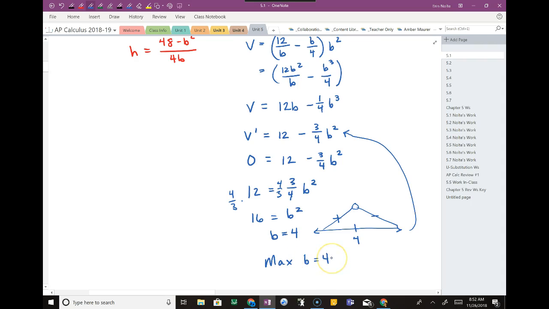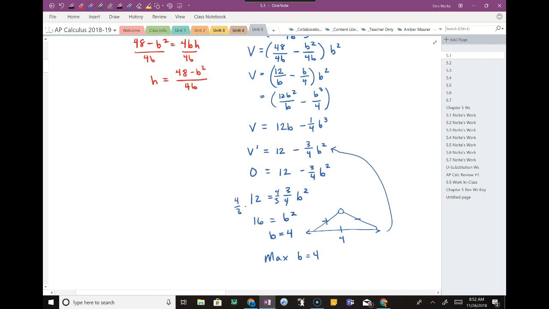So now how do I find my h value? Yeah, plug it back into that red one way up there. So my h is going to be 48 minus 4 squared over 4 times 4. So 48 minus 16, what do you know 48 minus 16 is?